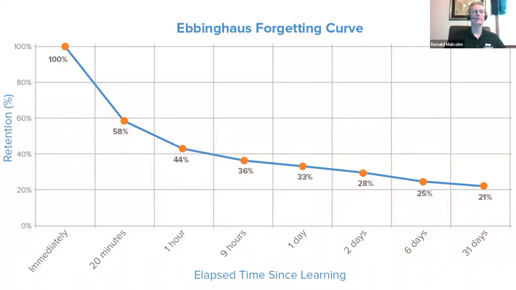The right part of the graph is the percent retention, and on the bottom of the graph is how much time has passed. So obviously immediately that person will know, but in 20 minutes that person will only remember about 58 percent. So the idea here is that they forget very rapidly about what you talked about and the things that you wanted to do. So it's important.